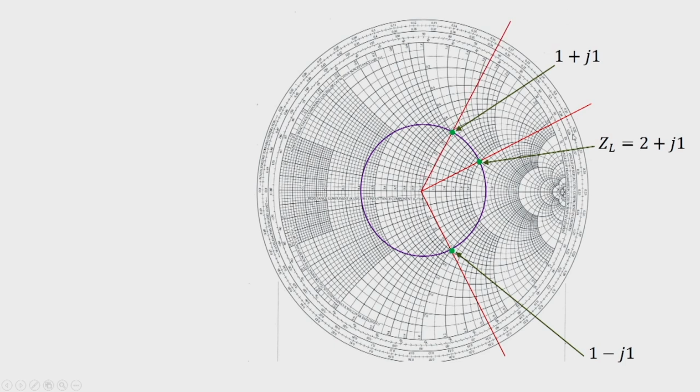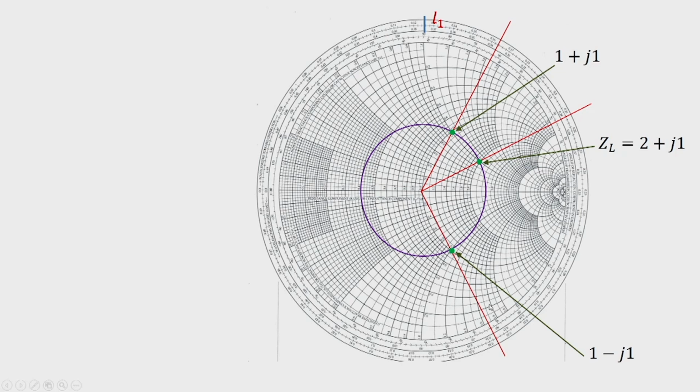So, now we will have to move from this point over this circle, and this will give us another solution for the distance d, and here the normalized impedance is 1 plus j 1. So, the stub must provide a reactance of minus 1.